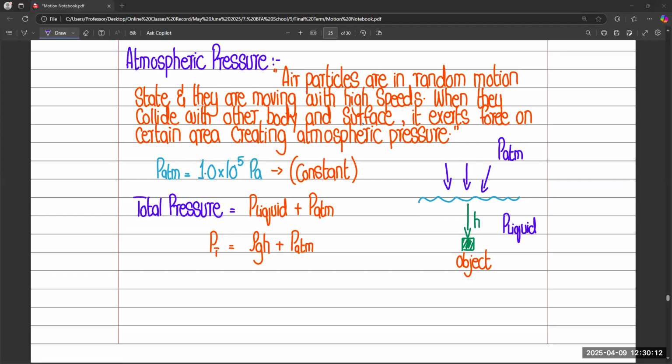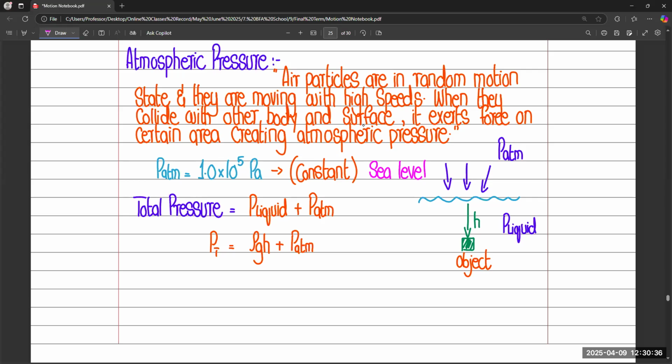Okay, next concept. We are talking about atmospheric pressure, and this atmospheric pressure value is at sea level. It means the level or the surface on which we are living is called sea level.